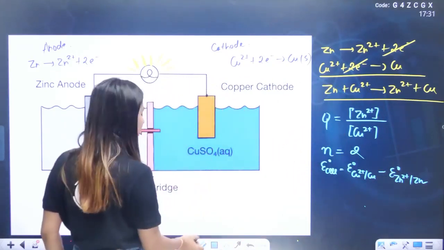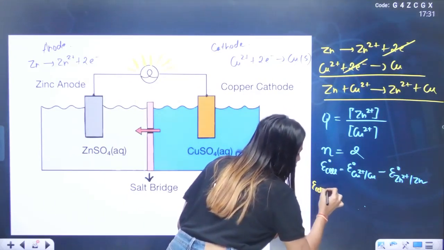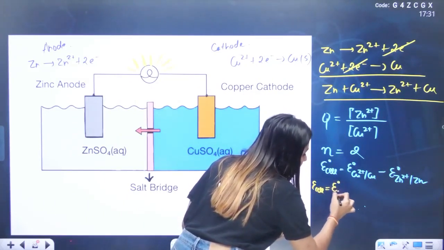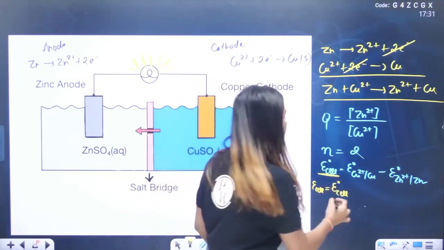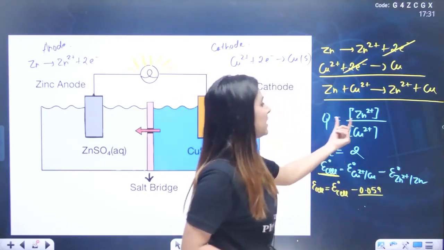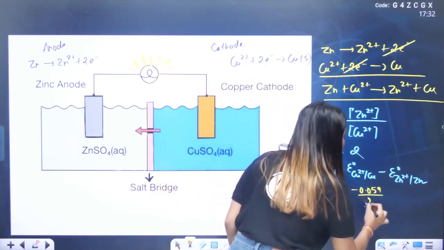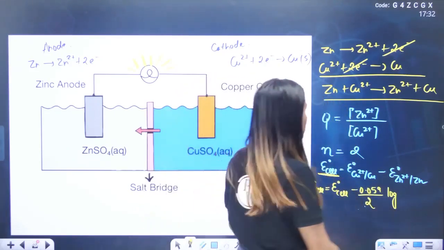Now you can write the Nernst equation. This will be E of cell is equal to E naught of cell. I hope you will put this value here. So I am just writing E naught of cell minus 0.059 upon, what is the N value? N value is 2. So here it will be 2 log, my dear students. Let's see the Q value. Q is given here.